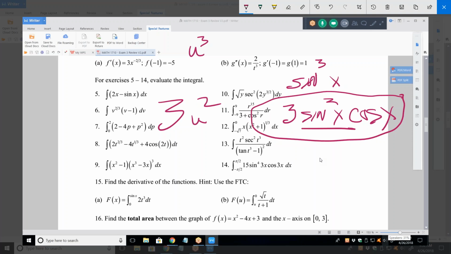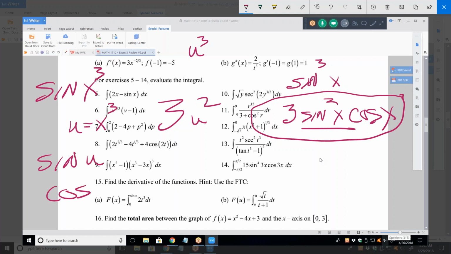When I take the derivative of this, well, here I have to let u equal x cubed, and now I'm taking the derivative of sine u, which is cosine u, so it's cosine, completely different, times the derivative of the inside, which is 3x squared.